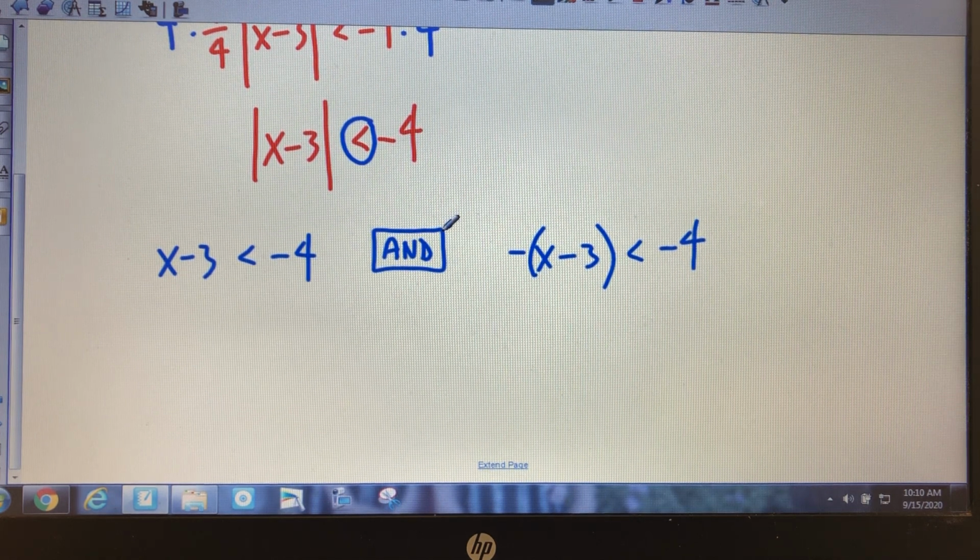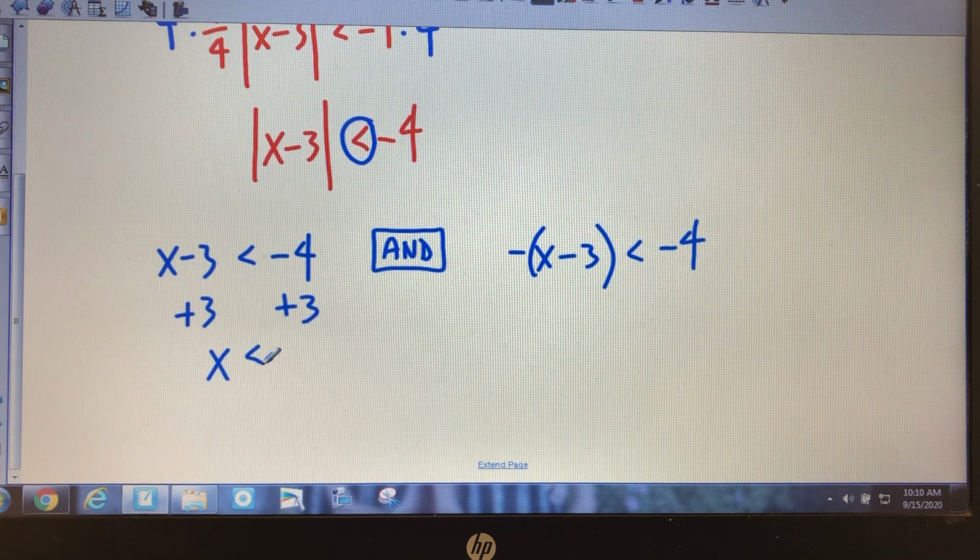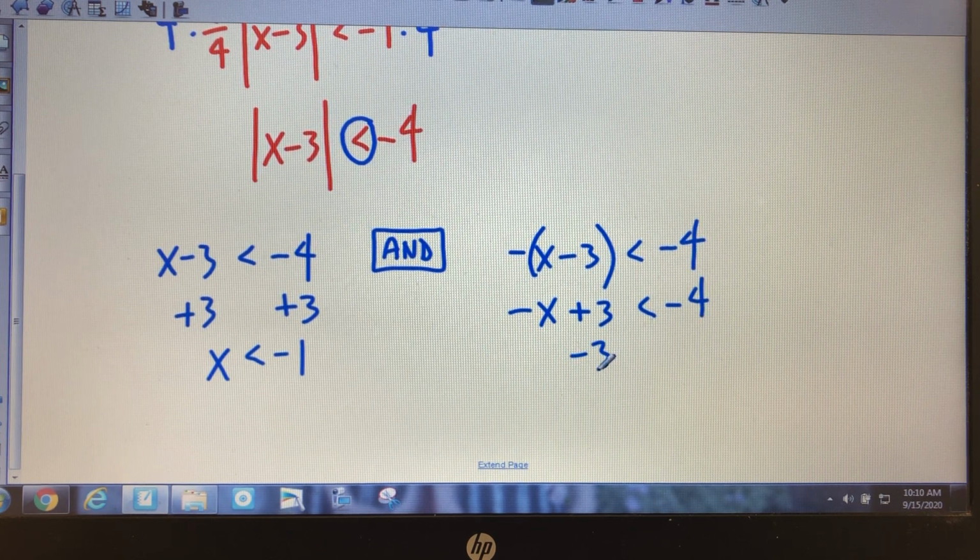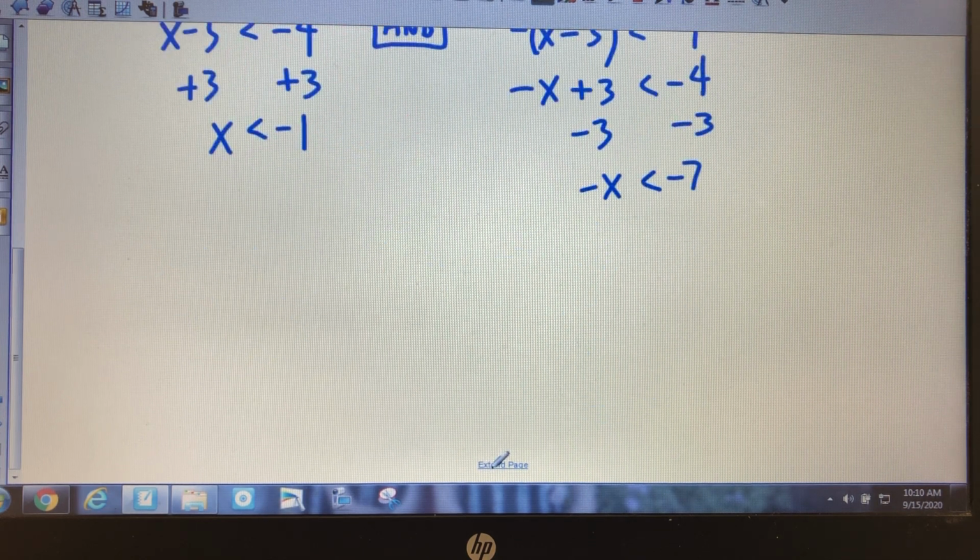Okay? All right, solve both. We're going to add the 3. So we got x is less than -1. Here, distribute the negative all the way through on that left side. Subtract your 3. And divide by -1.